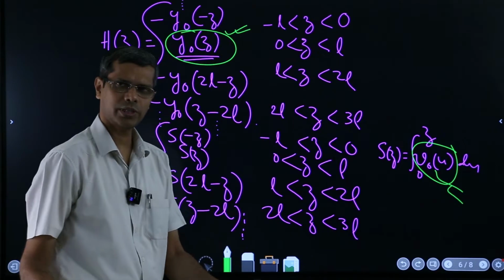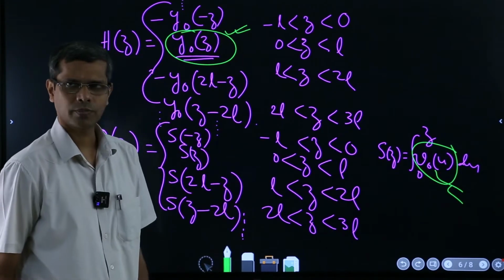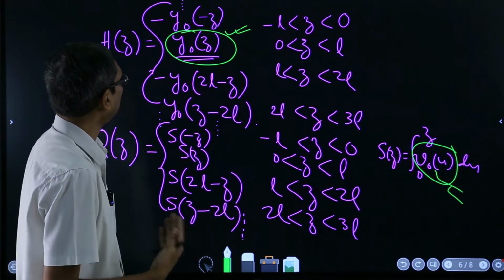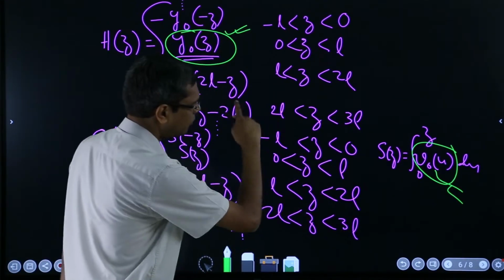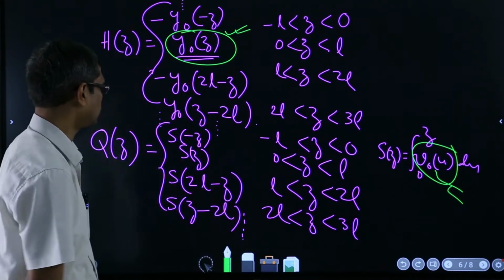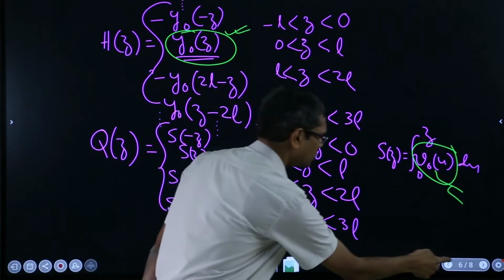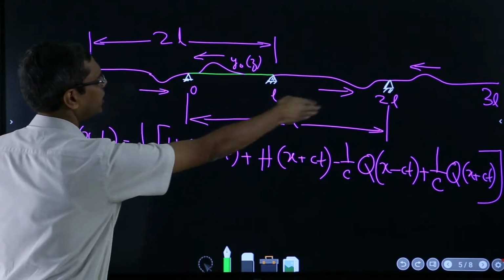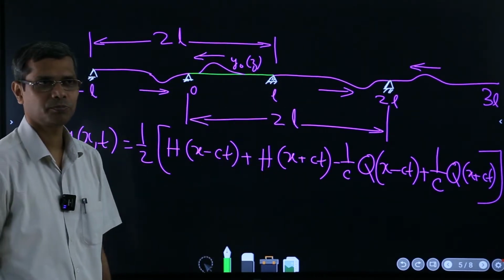Once you choose them, the system will start. This way we showed that for any function you choose, the function which you get here is periodic with periodicity of 2L.